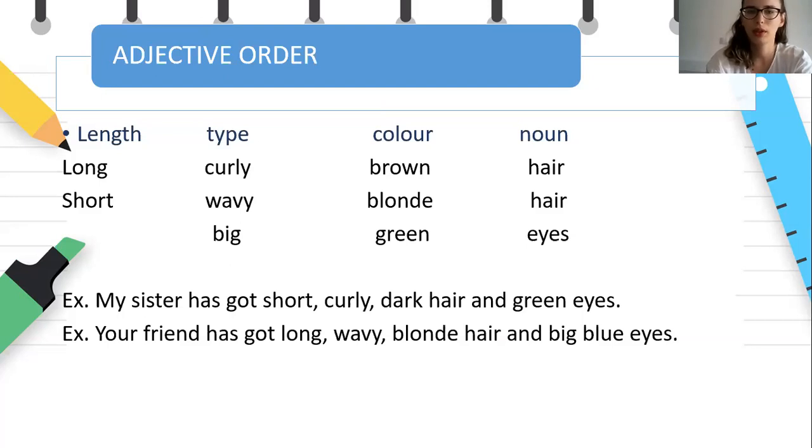Short, wavy, blonde hair. Big, green eyes. Remember, length, type, color, noun. Let's see the examples. My sister has got short, curly, dark hair and green eyes. Your friend has got long, wavy, blonde hair and big blue eyes.